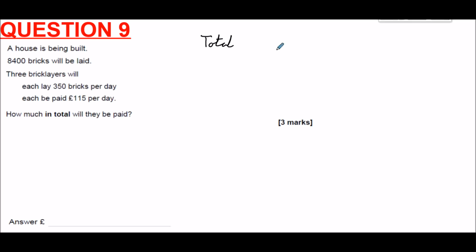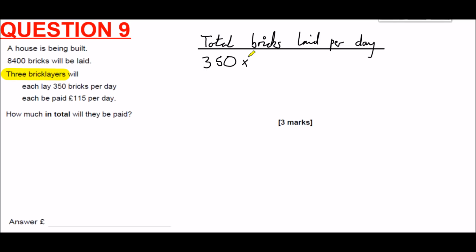This is a type of question where there's quite a few ways of doing it. So the only thing I'm interested in really is if you understand your way of doing it, or mine, and we arrive at the same answer and can agree on that. So total bricks laid per day is the way I'd tackle it first. So each builder can lay 350 bricks, but because there's a total of 3 different bricklayers, we can multiply that by 3.